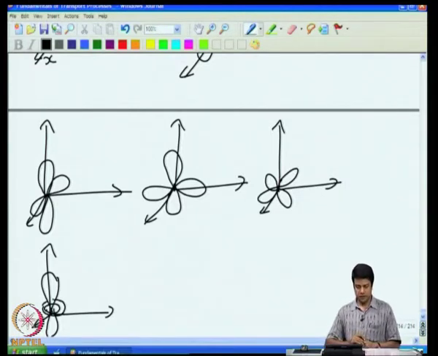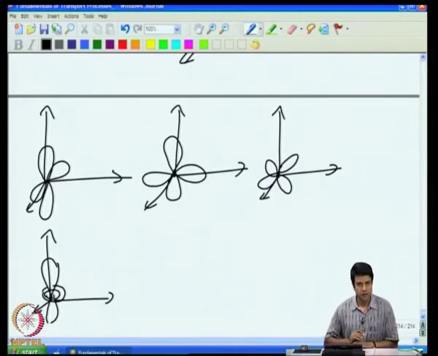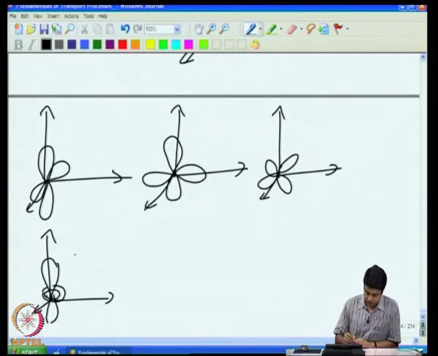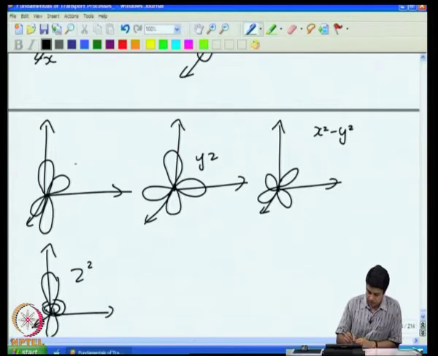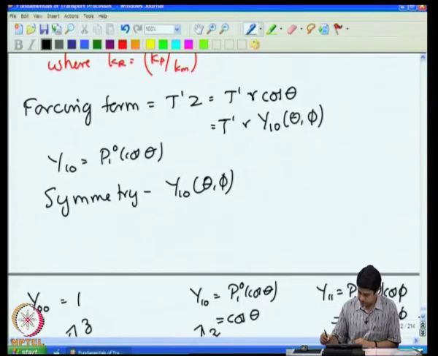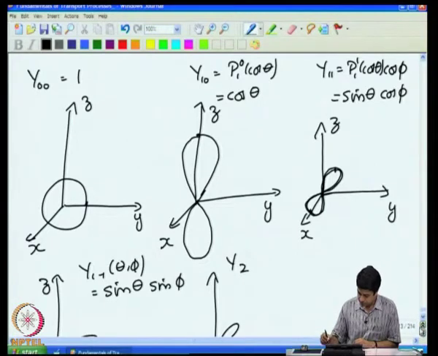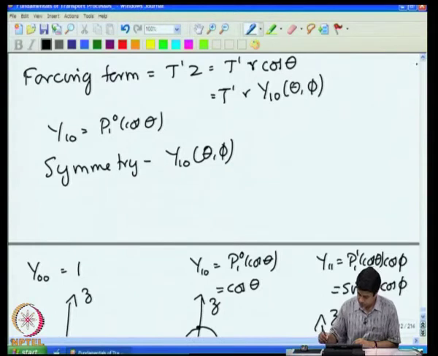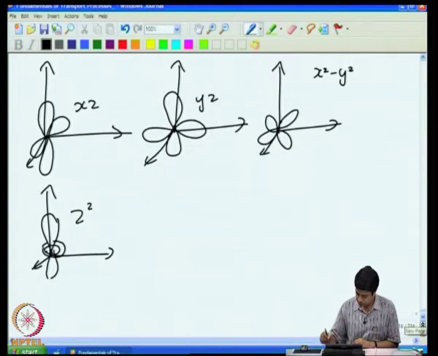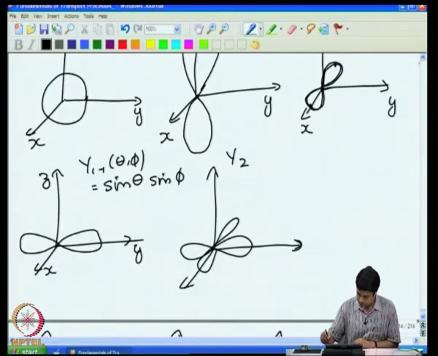So, the 5 functions at the 2 level. This is z square, this is x square minus y square, this is y z, this is x z, and this is x y.